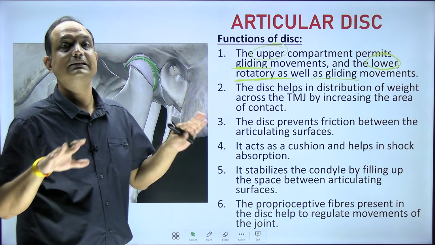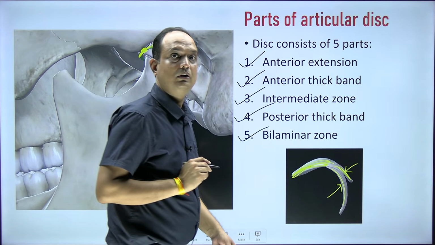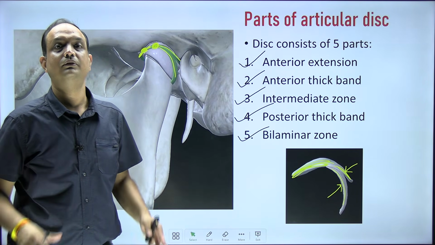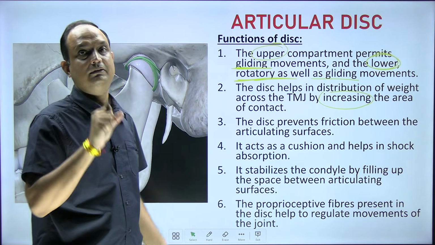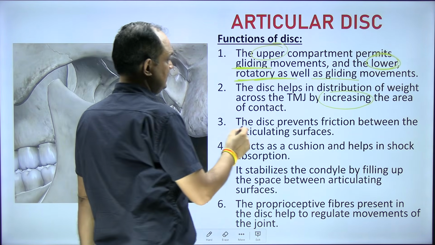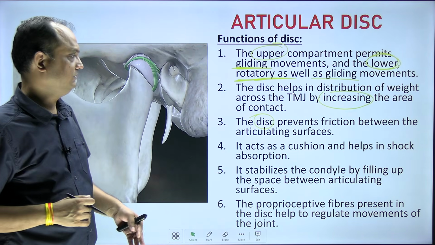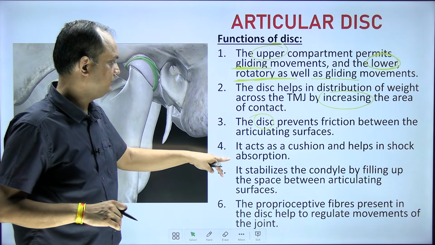Why? Because it increases the surface area. By increasing the surface area of contact, it is helpful in the uniform distribution of the weight when you are chewing or when pressure transmission occurs. Then the disc prevents friction between the articular surfaces, and obviously it acts as a cushion and helps as a shock absorber.